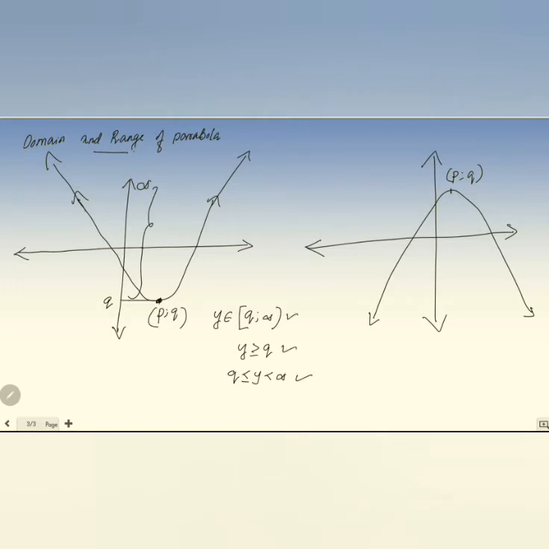Clear. Now coming to concave down. Look here. The bottom value is minus infinity, because this graph is going downwards. So it is covering the y values from minus infinity up until q, isn't it?